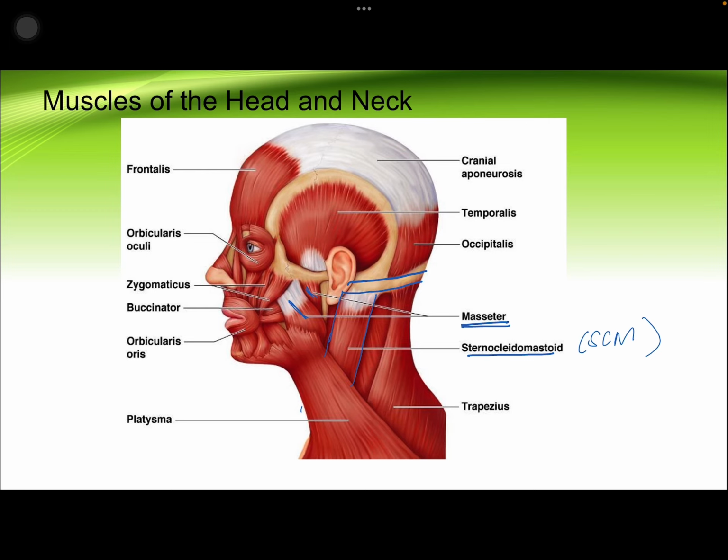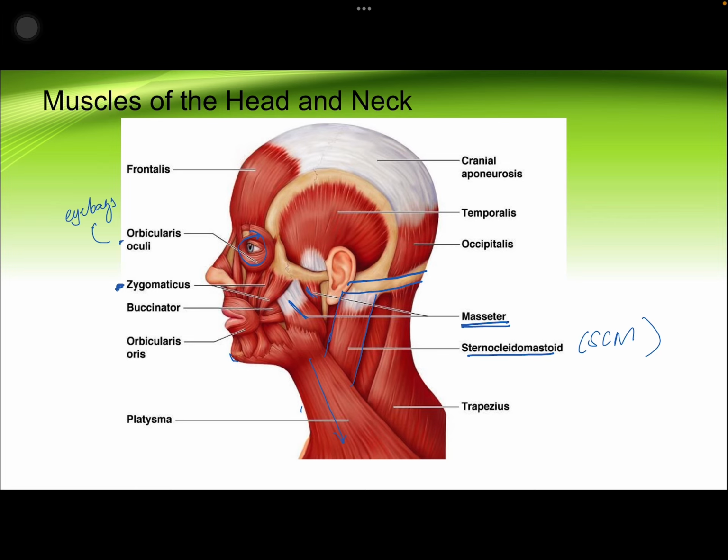Then we have the platysma, which connects the chin to the neck, and the trapezius, or the trapezoid, which at the back looks like, of course, a trapezoid. The zygomaticus, here are your cheek muscles. The orbicularis oculi is found here, and it is responsible for the eye bags.